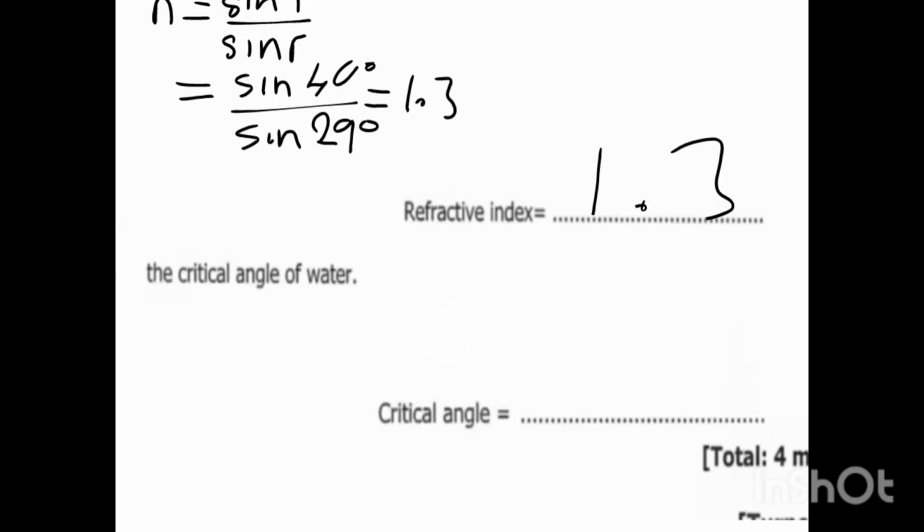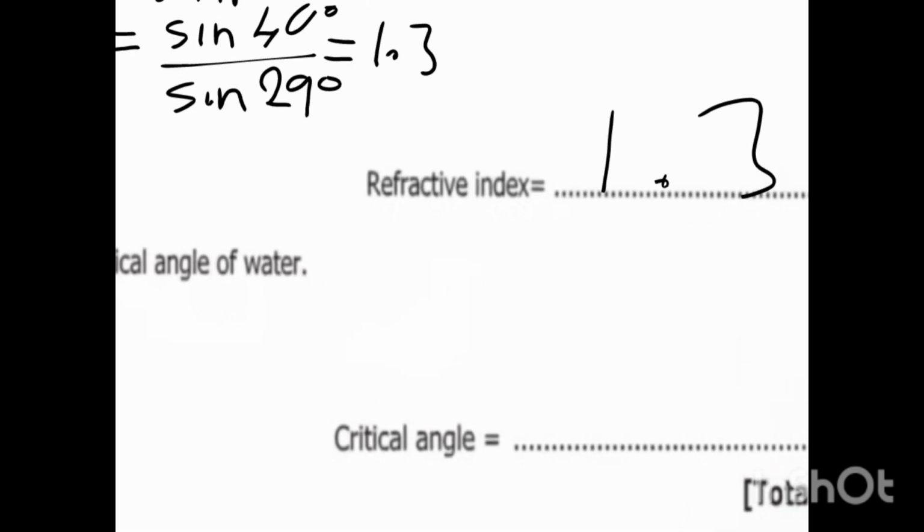Question Roman numeral 2 says, find the critical angle of water. This is the formula we use when calculating the critical angle of water.